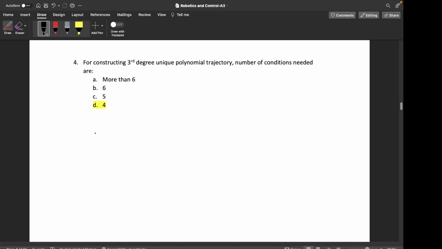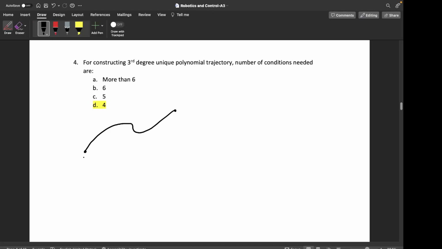For cubic trajectories, this is a third degree polynomial, how many conditions are needed? For a cubic trajectory we need 4 boundary conditions basically, right? This is mentioned in the lectures also.